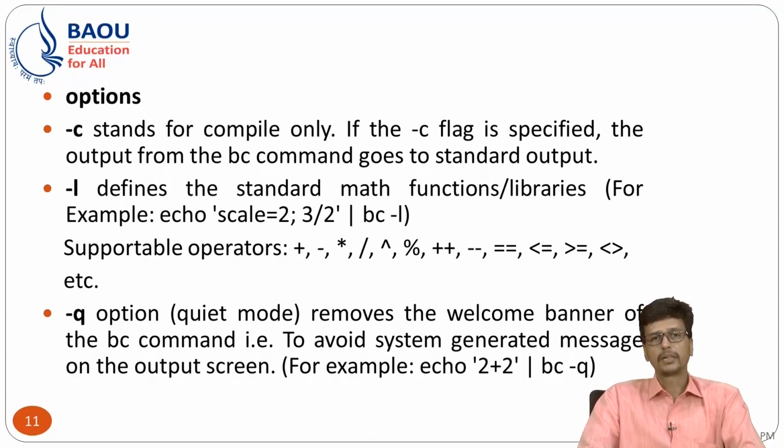Now you observe that whenever you use this bc command, some information regarding the bc command is displayed. Now if the user doesn't want to display that information, in that case you use the -q option. So bc directly takes the prompt from the user without displaying that information.